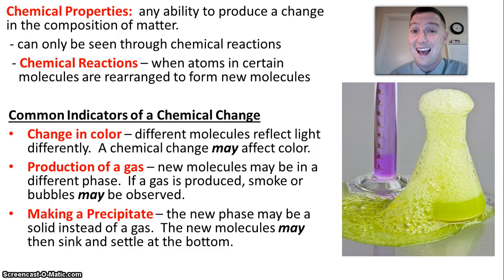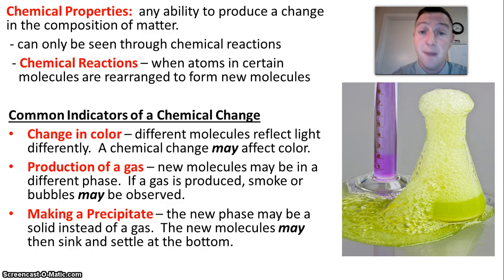So if I produce a gas from a liquid reaction, that gas is going to bubble up and be released because gas is less dense than a liquid. So bubbles or smoke might be an indication of a chemical change. Not always. Okay, that might be just boiling. So you need to look at multiple factors.